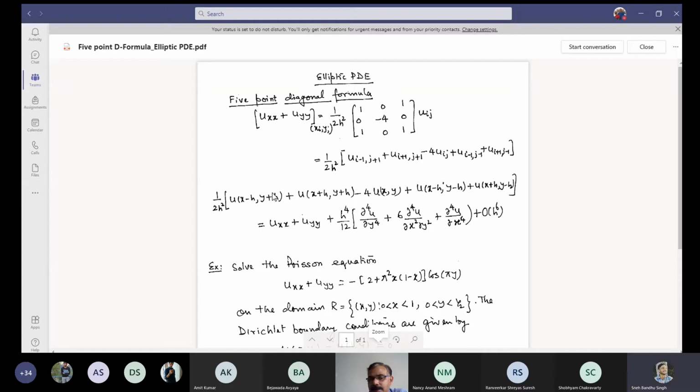Then similarly use the Taylor formula for two variables, and for the second term, and like that you can write down the Taylor expansion for all these, and see whether you are getting uxx plus uyy plus this error term or not. So this I am leaving as an exercise. We have done this type of thing several times. Okay. Here is one problem.